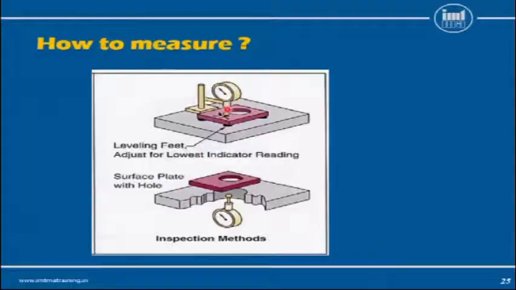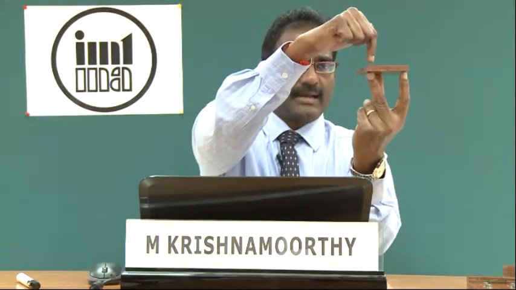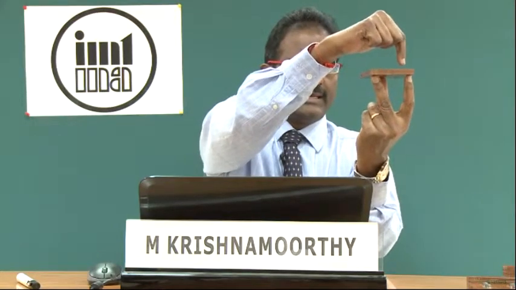What else can I do? I can keep the part upside down on a screw jack, 3 leveling feet, nothing but 3 different screw jacks, and independently I can adjust each screw jack such that on top of the screw jack the dial indicator reads 0.